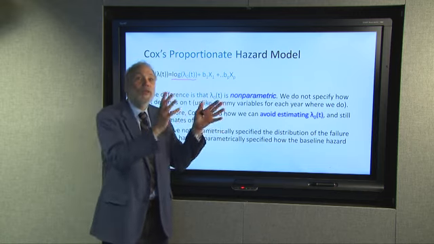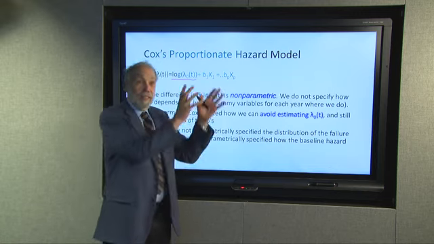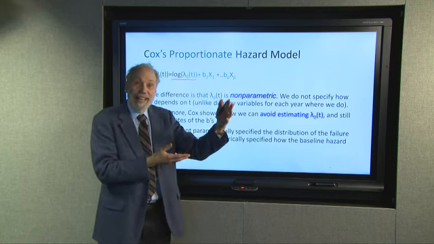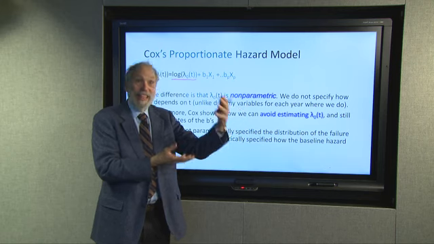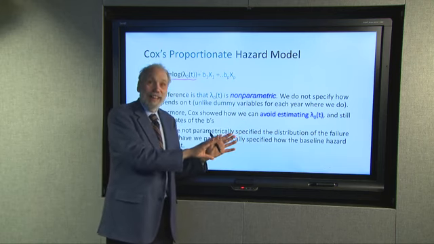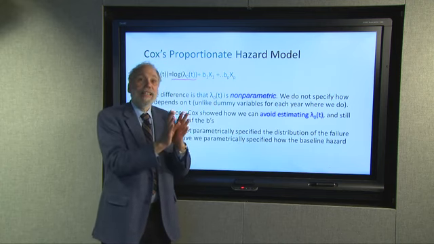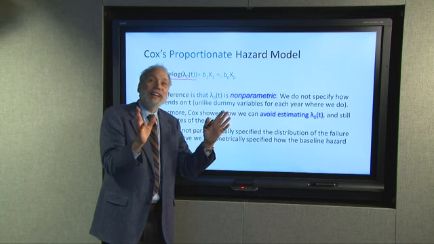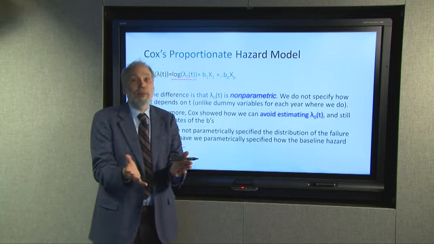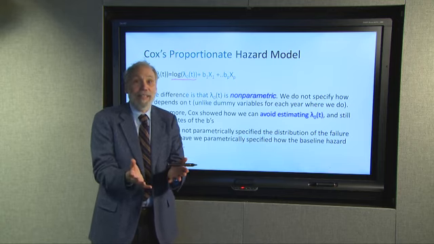Because he found a way to factor the likelihood, the probability of dying given the covariates and the baseline hazard, in a way that he can factor out the baseline hazard and get a part that doesn't depend on it and maximize that.